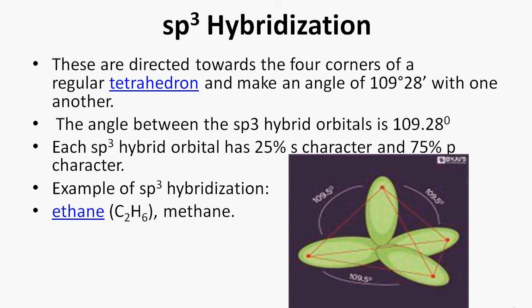The angle between the sp3 hybridized orbitals is 109.28. Each sp3 hybrid orbital has 25% s character. Now you see there are 4 orbitals and only one orbital is from the s, so there is 25% s character whereas 75% p character. An example of this type is the alkanes, and here we have taken ethane, or you can take methane.